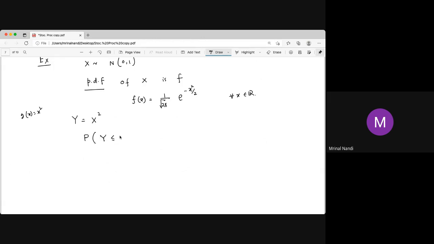Take y positive, because if y is negative, then it is 0, because y is x square, and x square cannot be negative. So for any y less than or equal to 0, the probability of Y less than or equal to y is 0. Now for y positive, it is case 1, case 2.